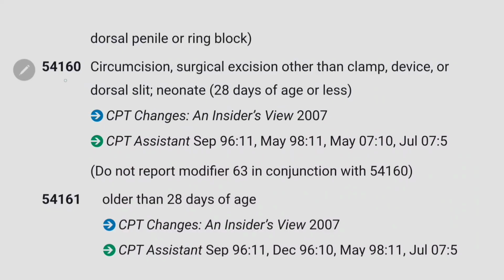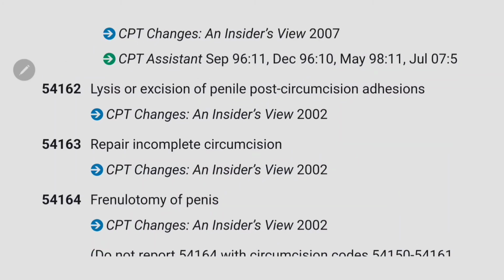Next code is 54160, which is for circumcision surgical excision other than clamp. So this code you will use for without clamp. Then this is for 28 days of age or less, and we have the code 54161, that is for older than 28 days of age. Next we have the code 54162, which is for lysis or excision of penile post circumcision adhesions.